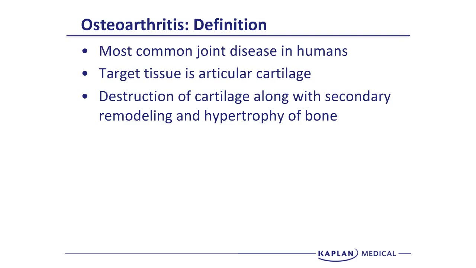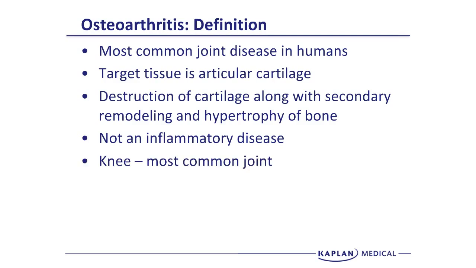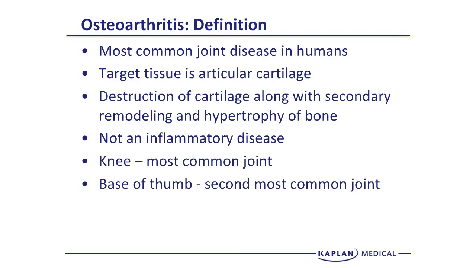So what happens is that the cartilage is completely destroyed and then there's just bone to bone. And that bone actually develops a shiny kind of ivory appearance to it because of the constant grinding of one bone with the other. It is not an inflammatory disease. And remember that the most common joints that are going to be affected are the knee or the weight-bearing joints. Also, the base of the thumb can be affected.